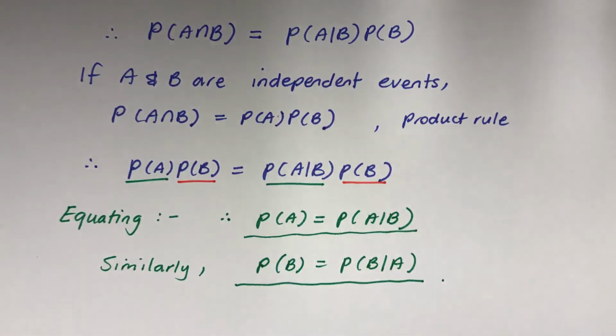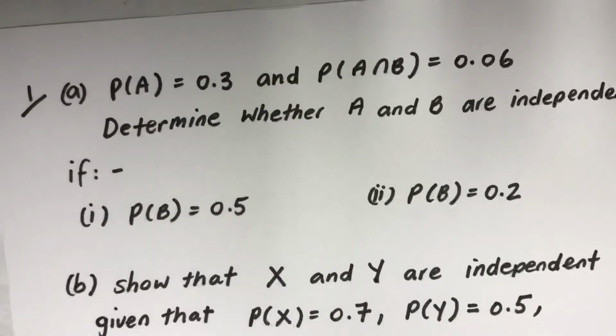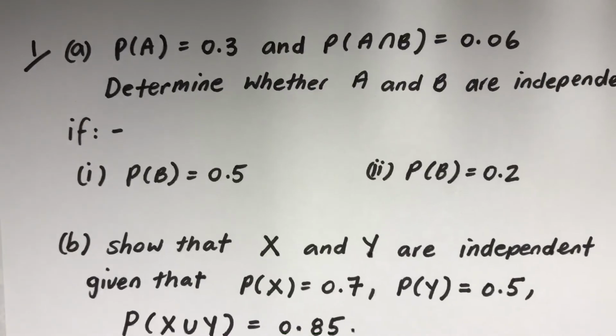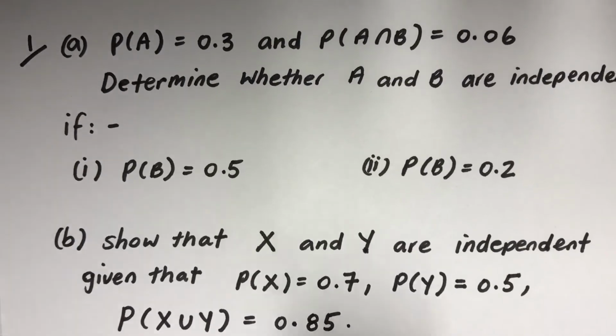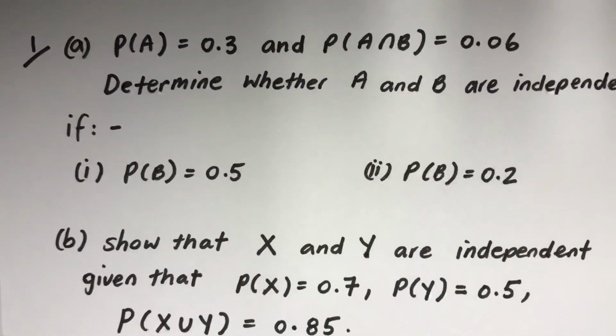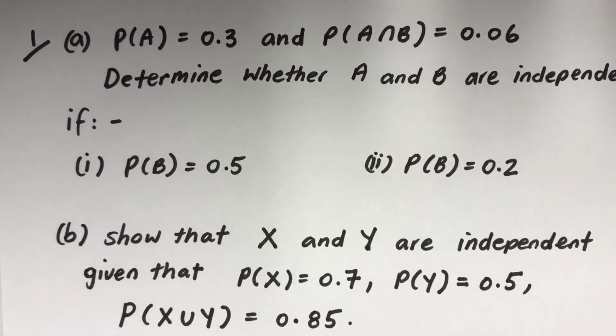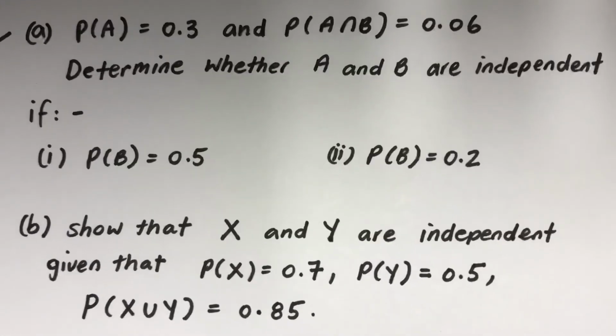All right. So example 1. Okay, so it was given that the probability of event A is 0.3 and the probability of A intersect B is 0.06. Determine whether A and B are independent.